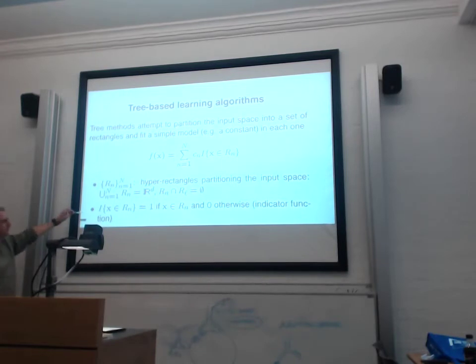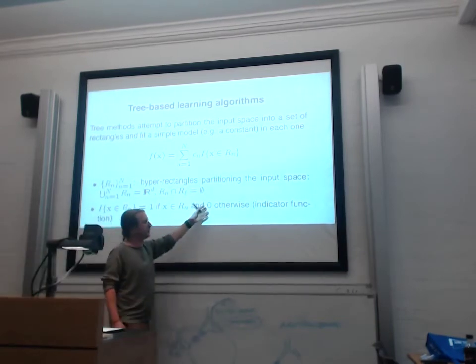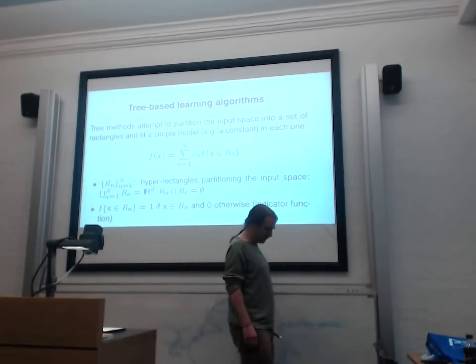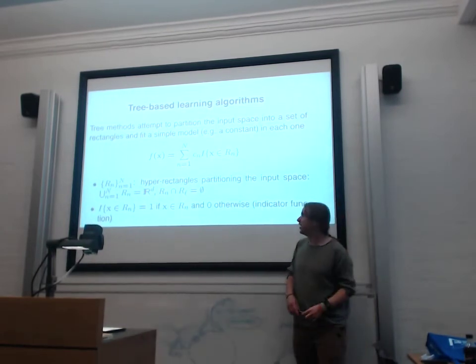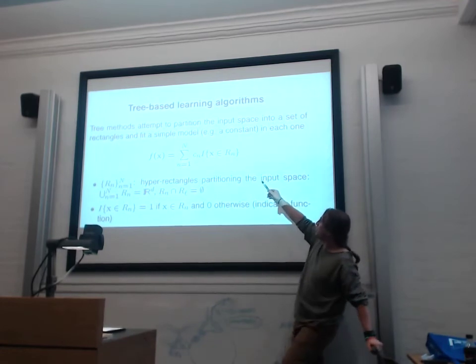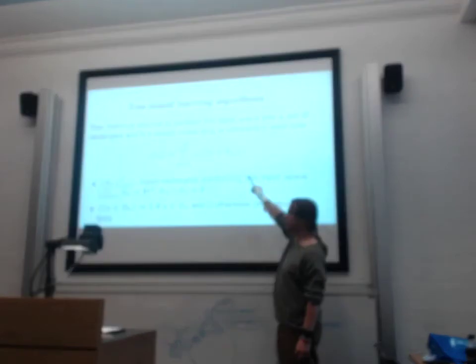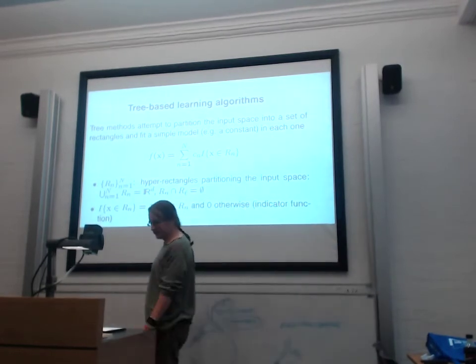This is indicator function notation. If a point is in a rectangle, it's 1. If it's not in the rectangle, it's 0. So even though you see this sum there, it's easiest to just think about it this way: you're finding out what rectangle your x falls in, and then the output of your function is Cn, because only one of these terms will be non-zero.